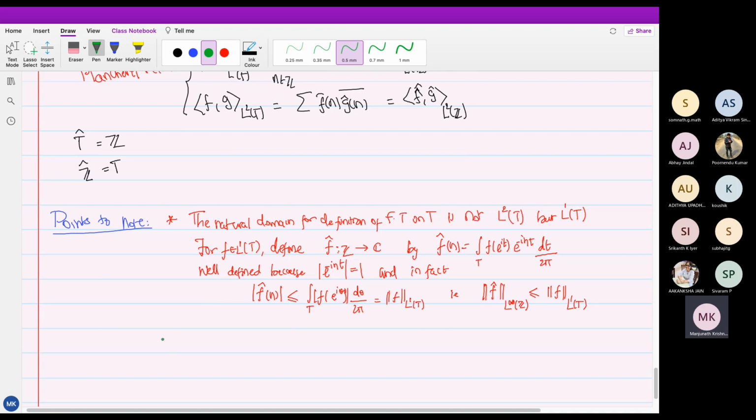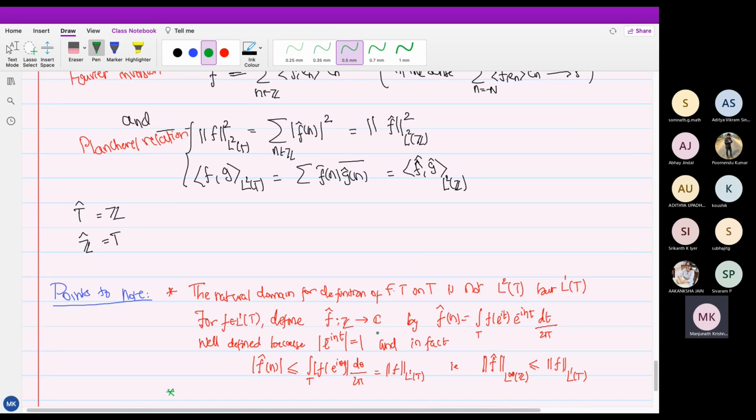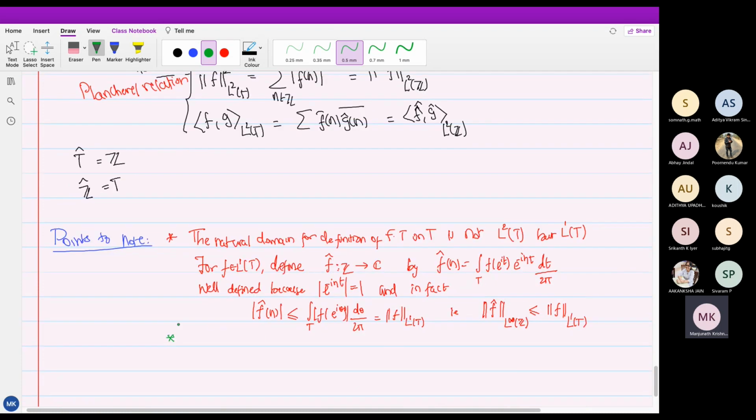Another point is, what about L2 functions? Will this integral exist for L2 functions? Because this is a finite measure space, L2 is contained in L1. Hence, this is an extension of the Fourier transform.